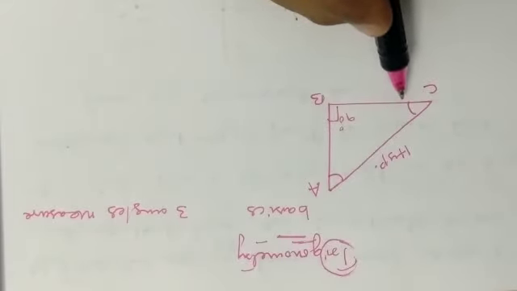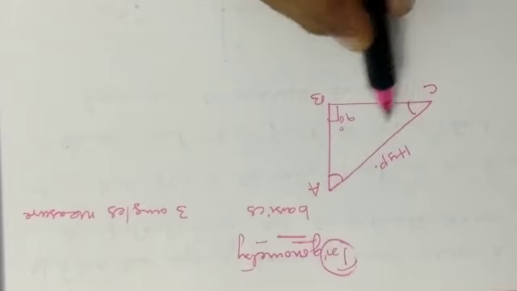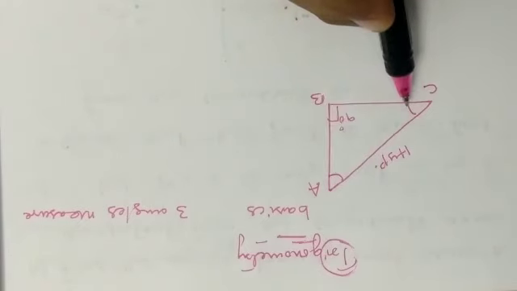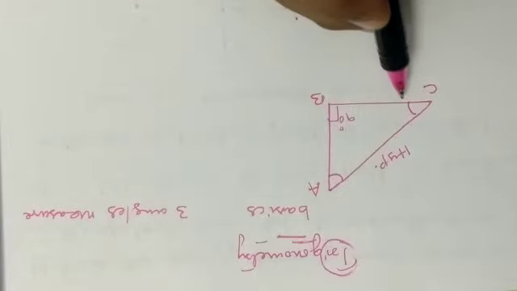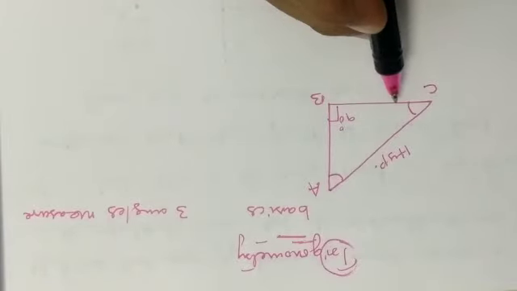Each angle must be less than 90. Angle A is less than 90. Angle C is also less than 90. Then if you add these 3 angles, you have to get 180 degrees, as you have learned in your basic geometry.